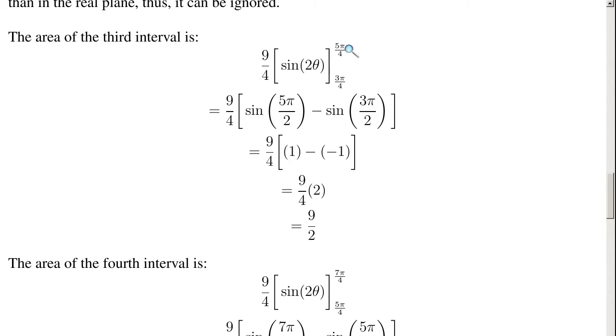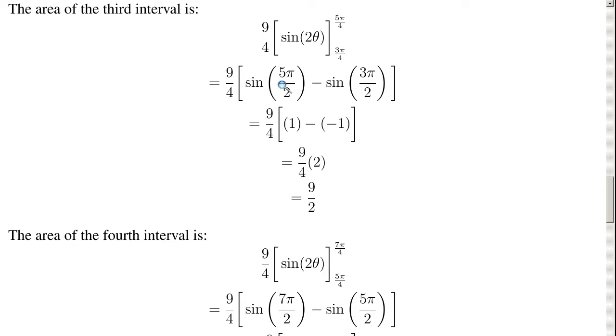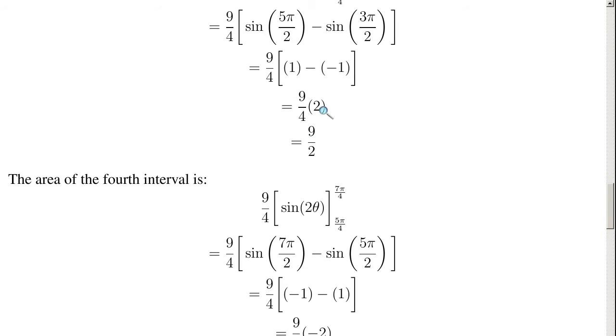Third interval, 5 pi over 4 upper limit, 3 pi over 4 lower limit. The sine of 5 pi over 2 is the same as sine pi over 2, which is 1. Sine 3 pi over 2, negative 1. 1 minus negative 1 is 2. And 9/4 times 2 is 9/2.